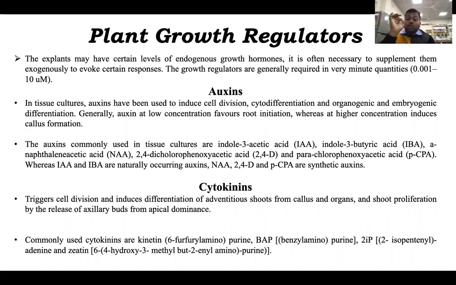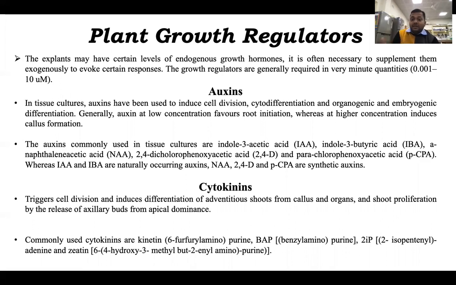What is interesting is that when we take the explant, and we do this in the lab, and we want the explant to form callus, we give high concentrations of auxin and cytokinin.